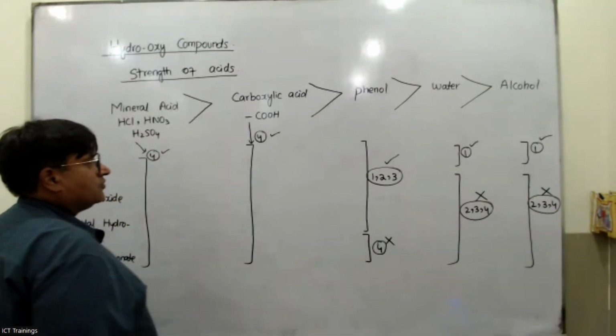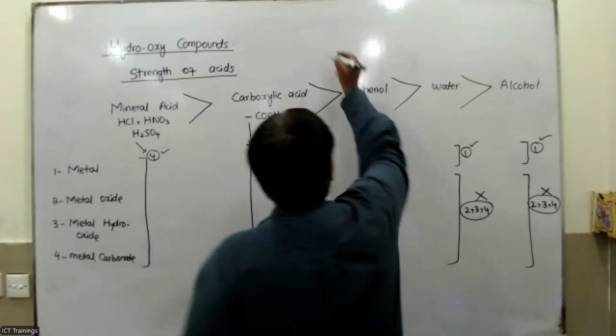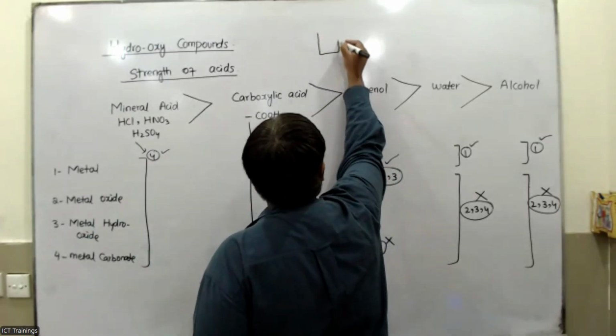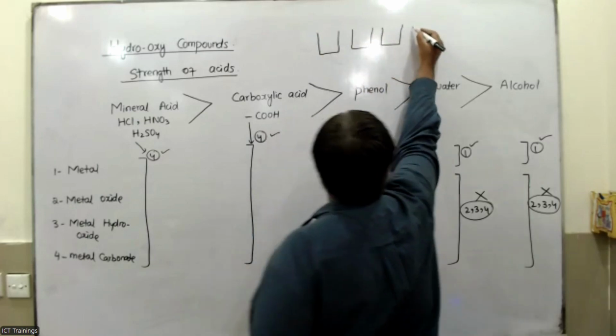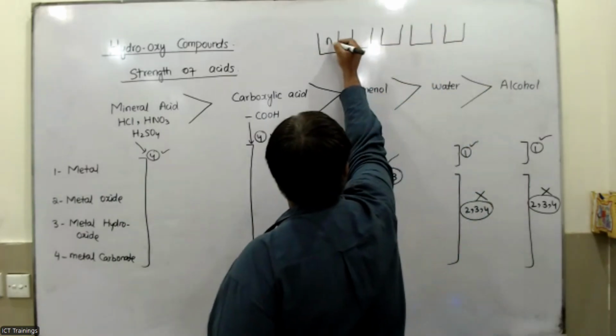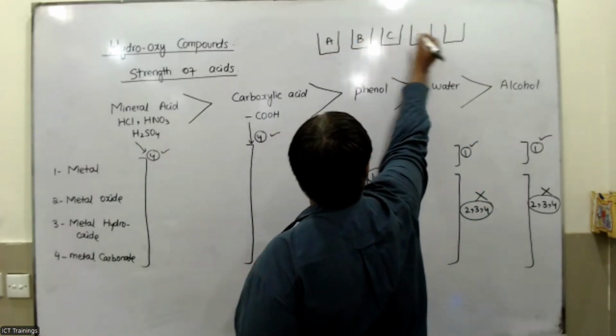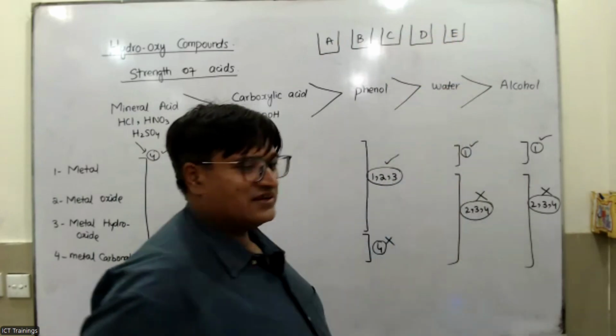Now, if you are given 5 beakers, like beaker 1, 2, 3, or A, B, C. So this is A, this is B, this is C, D, and E. These are the 5 beakers, my dear.